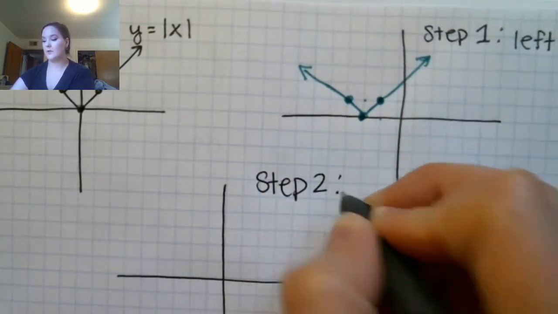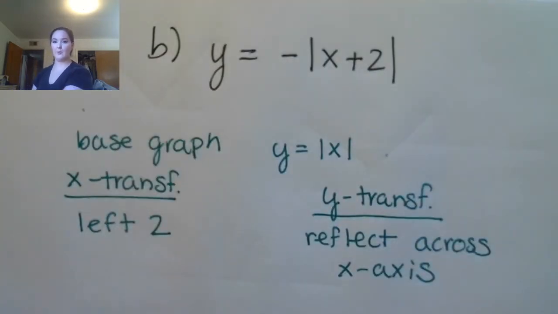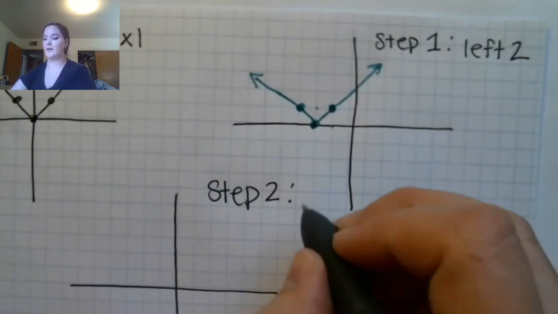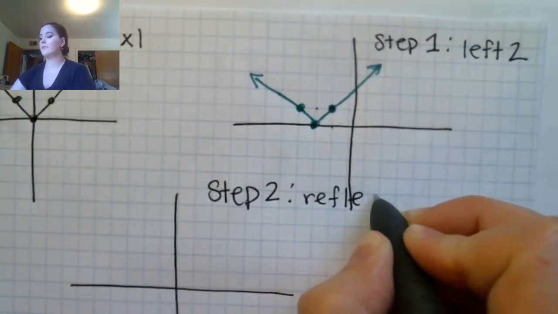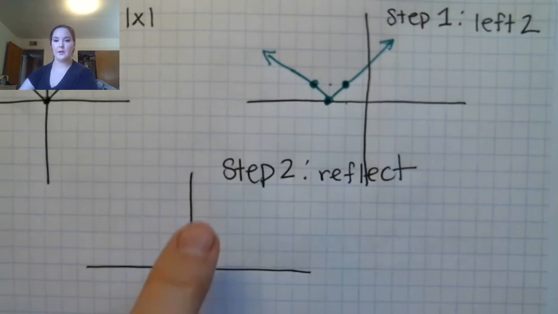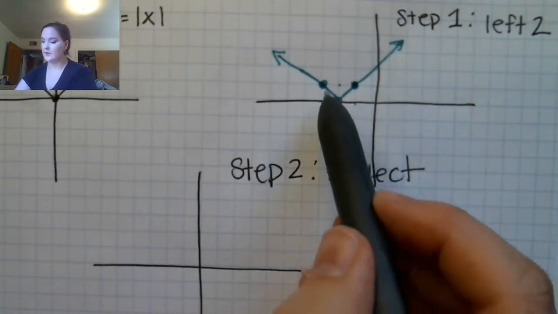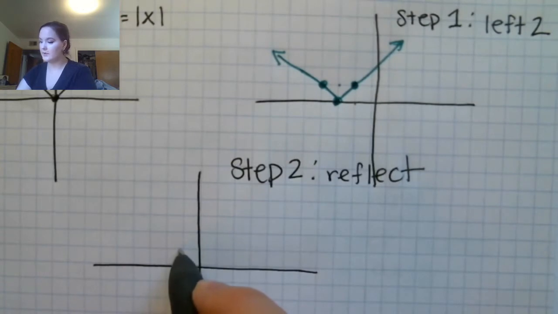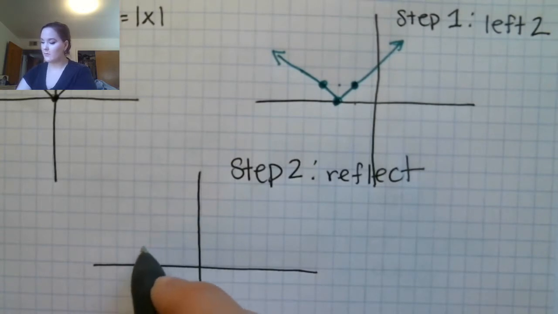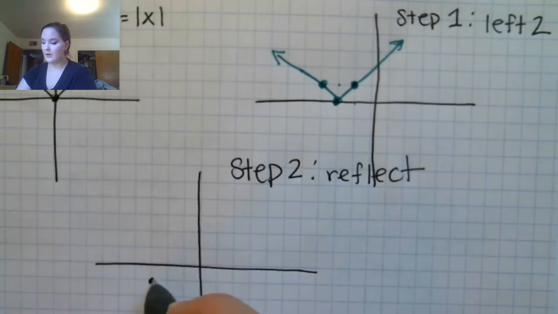Our second transformation, which remember was reflect across the x-axis. So we're going to take each of our key points and reflect them. We'll take this key point, which was right here, and reflect it across.